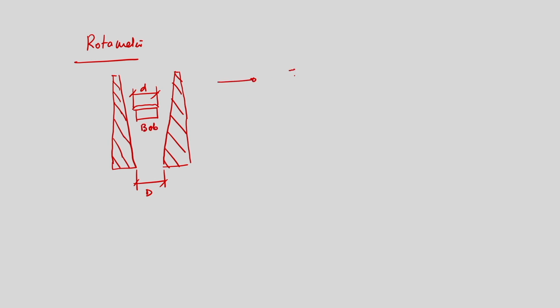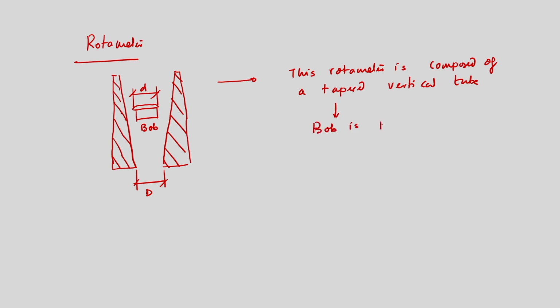So, this rotameter is composed of a tapered vertical tube and a bob which is placed in the tube.